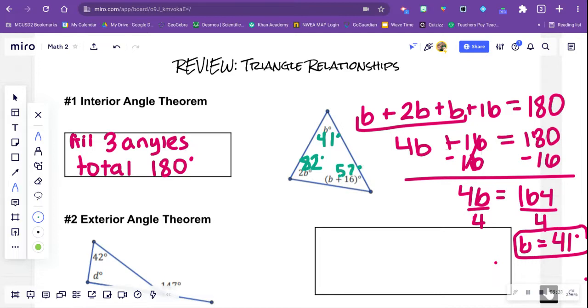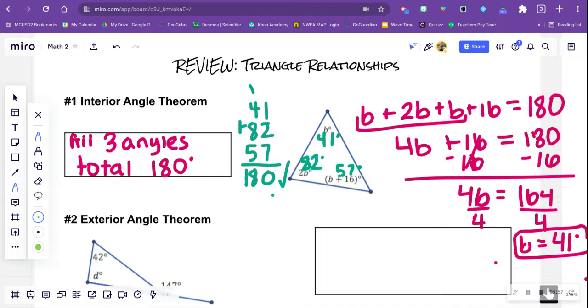And I can check by adding all of those up, and I better get 180. So 7, 8, 9, 10. Carry the 1, 10, 18. So that checked out.